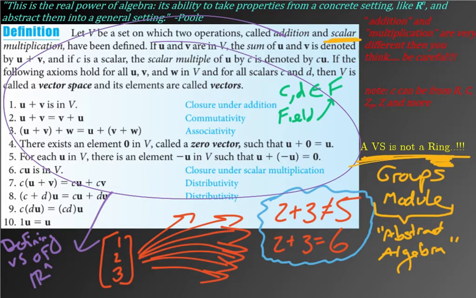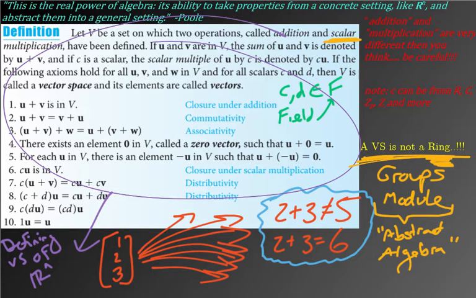And a lot of students confuse vector spaces with rings. For any of you that will eventually take this class or do your own study on this, I'm going to say right now a vector space is not a ring. This confused me when I learned these things, because I learned vector spaces and then I learned rings later, which is a very normal process.